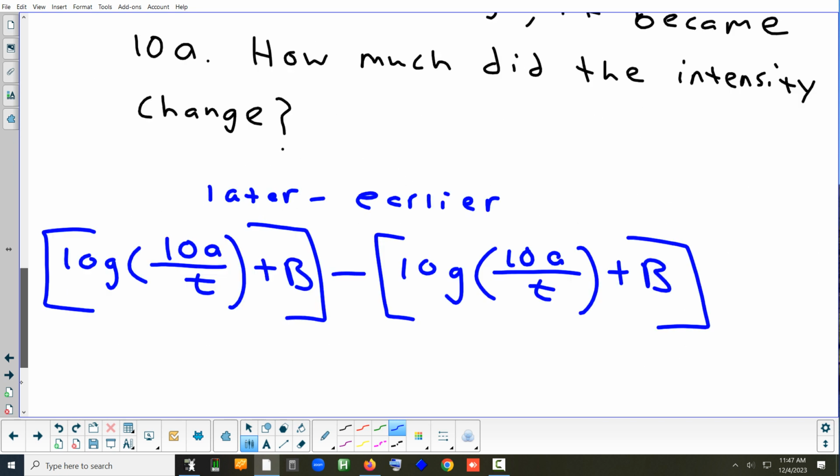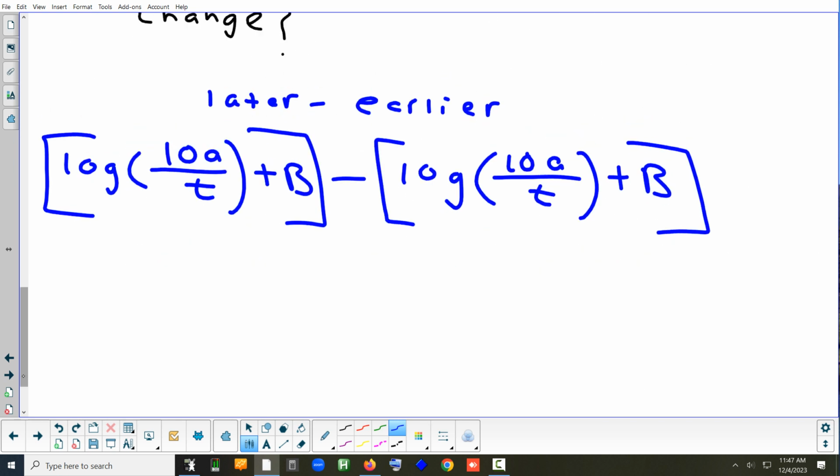So what's the first thing that I could do here? Is there supposed to be a 10 in here? Oh yeah, I keep saying that. A, not 10A. So this was later, that's earlier. Okay. What's the first thing that we could do here to simplify that?